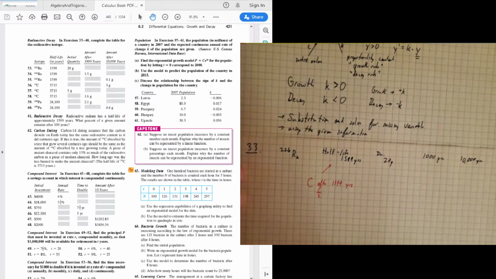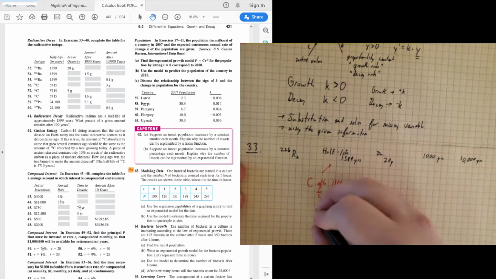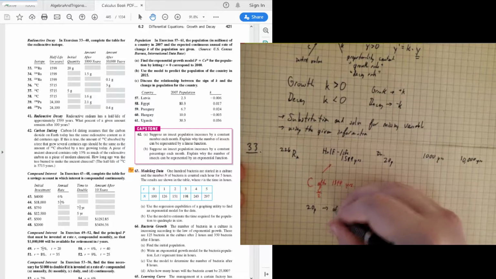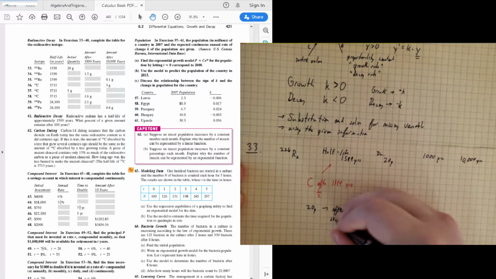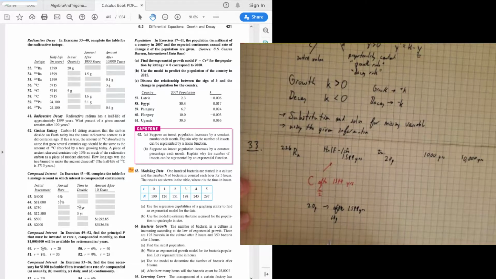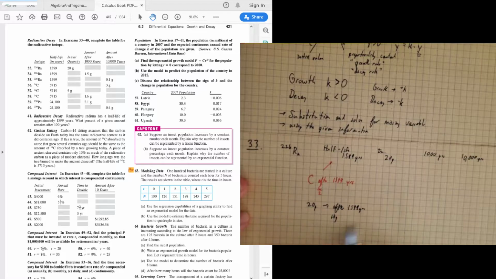And so in this particular example, if I start at 20 grams, then after 1,599 years, there will only be 10 grams. That's what the term half-life means, that this statement is true.